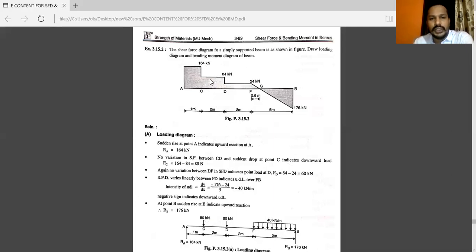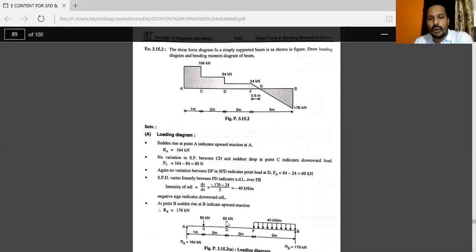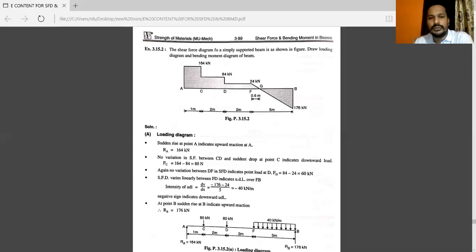From C to D, there is no force, so you have to draw a straight line, that is the baseline, till D. But at point D, there is a sudden drop. 84 minus 24, the answer is 60 kilonewton, so 60 kilonewton is acting vertically downward.